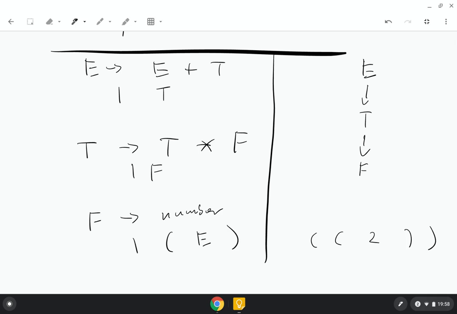So reading from left to right, the first symbol is a parenthesis. If we just chose number at this point, we wouldn't account for all the characters in the string. So it must be parenthesis, E, parenthesis. Now, why isn't it, say, this parenthesis?